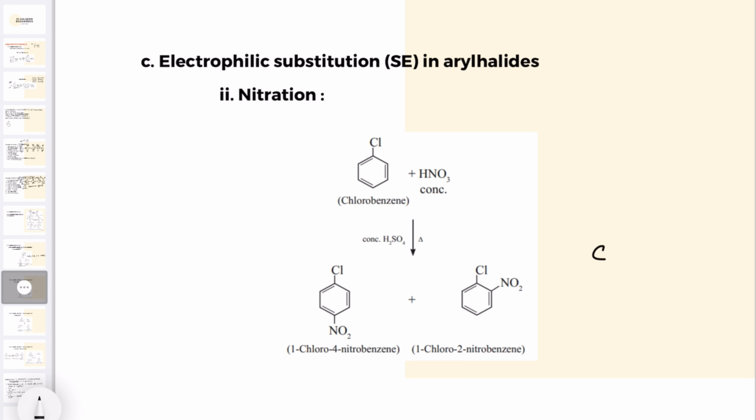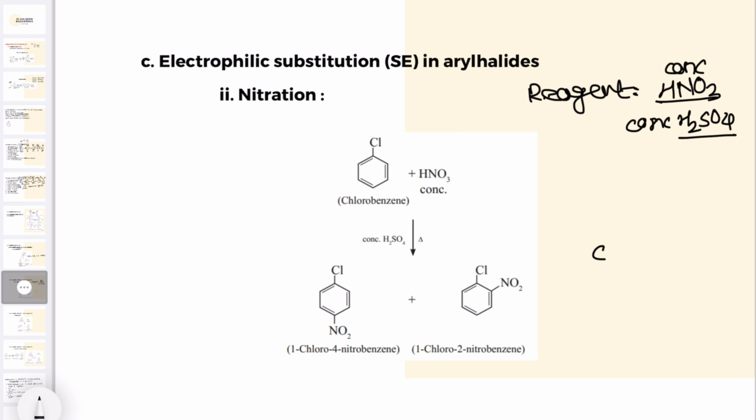The next is nitration of chlorobenzene. For nitration we always use the reagent HNO3 in presence of concentrated H2SO4. The mixture of concentrated HNO3 and H2SO4 gives rise to our electrophile, that is NO2 plus.